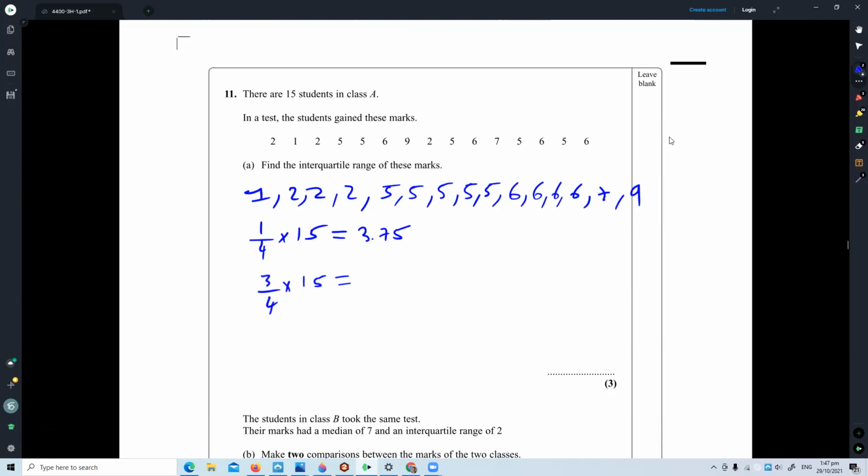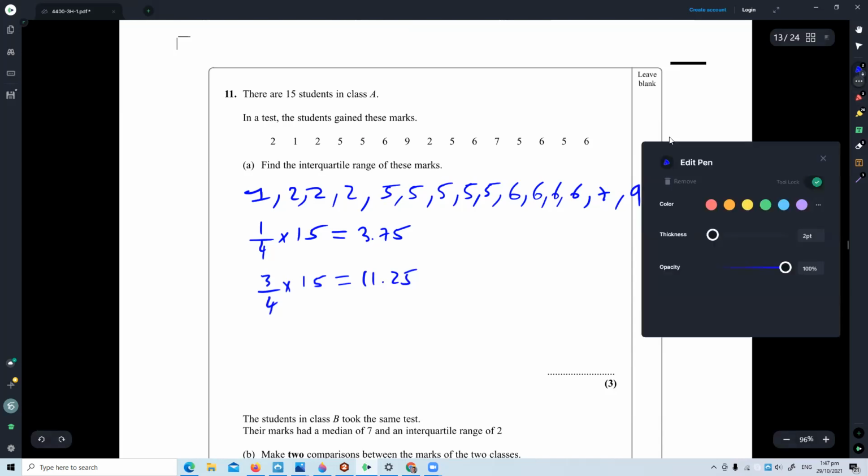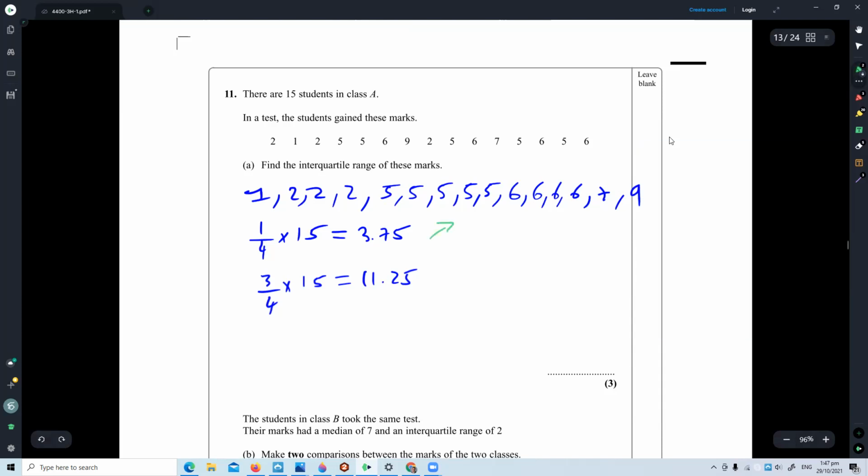At this point, I can do 45 divided by 4, which is 11.25. And there's a little bit of a trick here when you do interquartile range: you must always round up. So this becomes the 4th number, and this becomes the 12th number. And this is the 1st quartile, and this is the 3rd quartile.